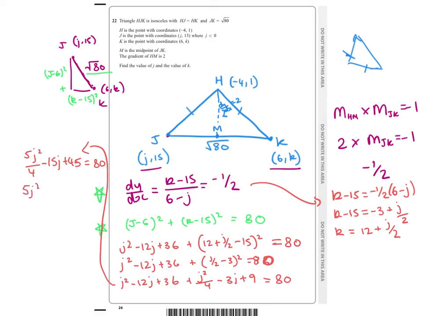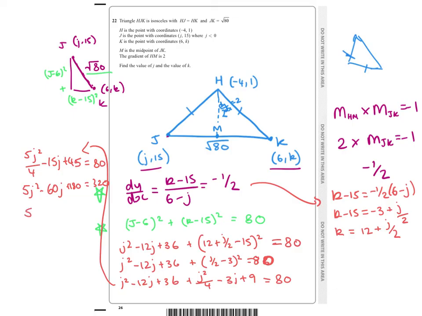So 5j squared, 15 times 4 is minus 60j. 45 times 4 is plus 180. Equals 320.